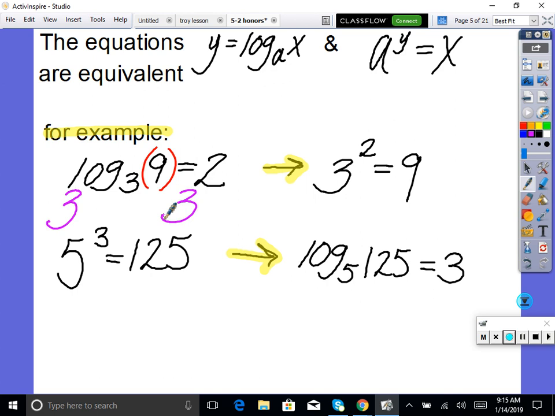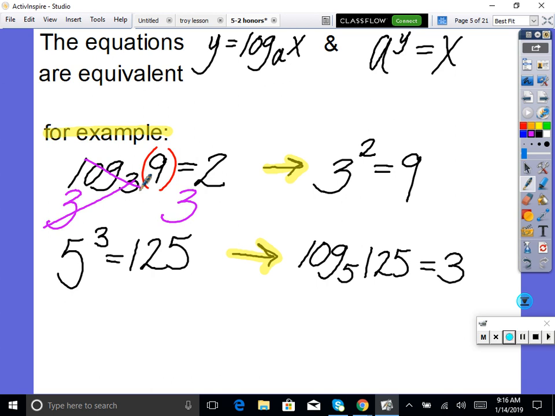Just like when you add things, don't you have to do it to both sides of the equation? So I'm doing base 3 both sides. Well now, base 3 and log to the base 3 cancel out. That's what inverses do. They undo each other. So now do you see how 9 drops down? So then we have 9 equals 3 squared. 9 equals 3 squared. And it's written in its exponential form.